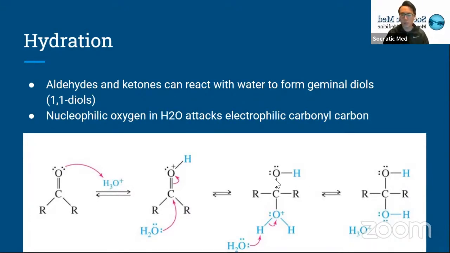And in order to form a neutral product, the solvent will take back that proton, but from the other oxygen that was just added onto the carbonyl carbon, and this forms a hydrated aldehyde or ketone. That's the hydration mechanism for aldehydes and ketones.